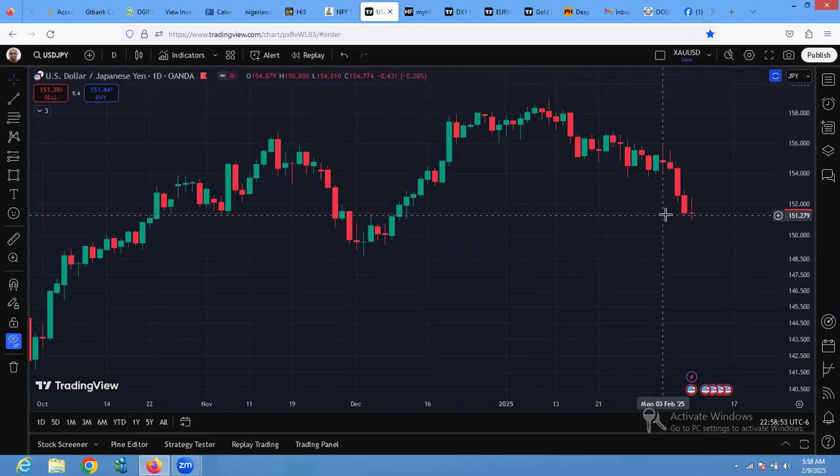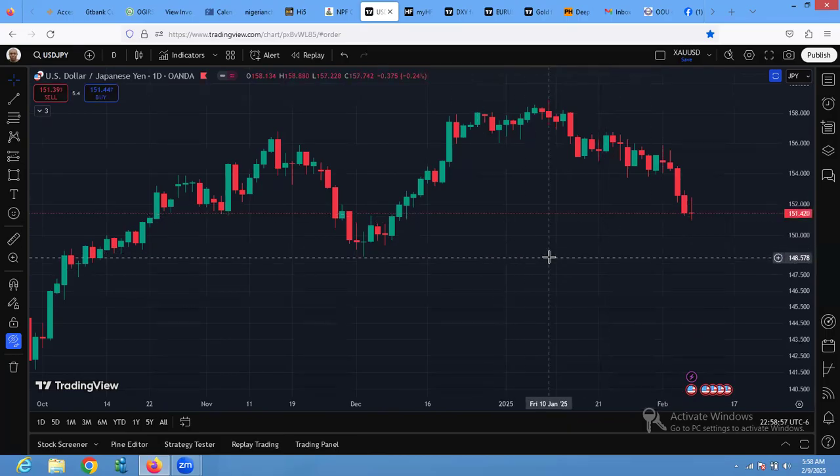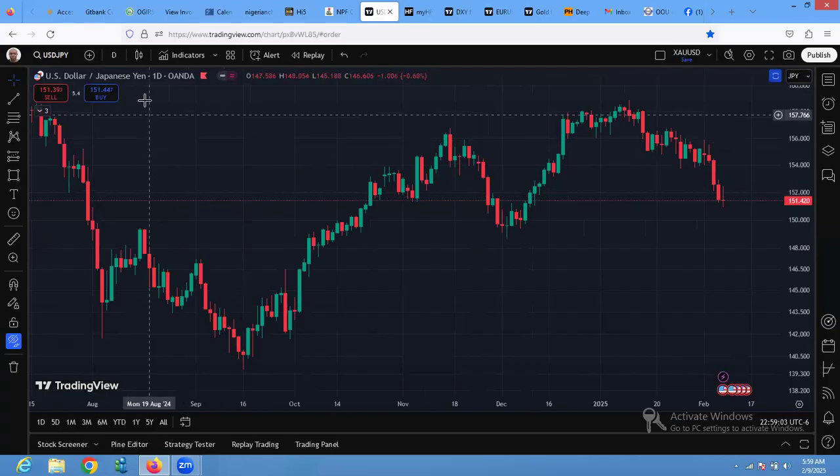I'm out already around this area selling. So the likely scenario that may play out here, because this is actually falling now, what it is giving us is quite funny.